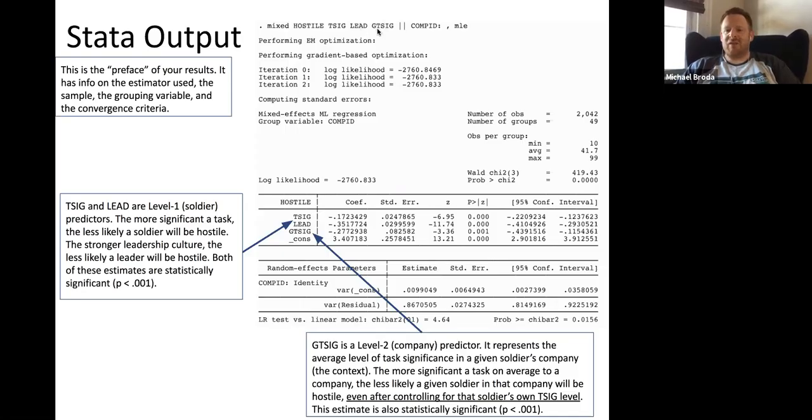And then we have this interesting variable, gtsig. That is the variable task significance just aggregated up to the company level. So that's at the company level, how significant everyone in the company feels that their task is, okay? Those are all fixed effects.